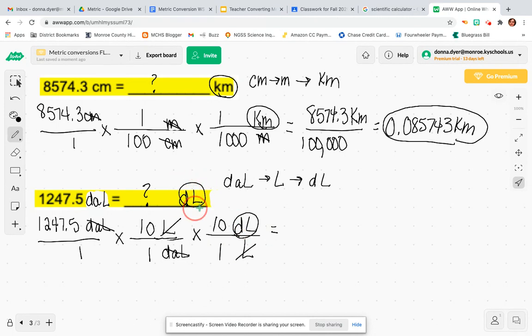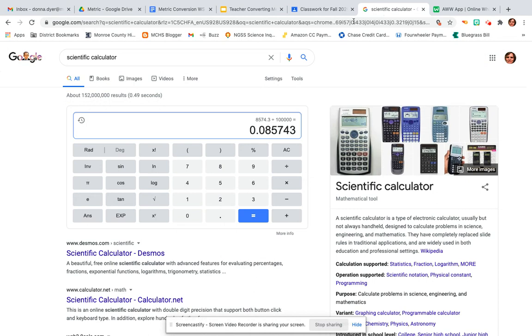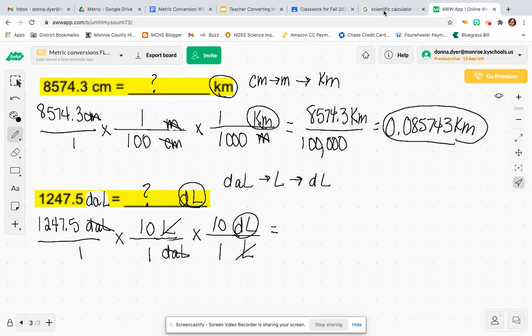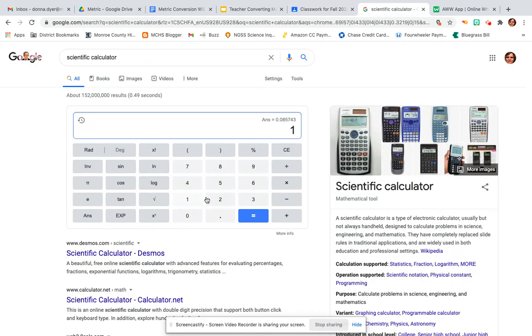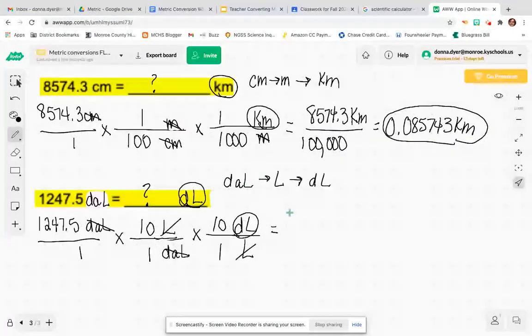So now we are ready to multiply and divide. 1,247.5 times 10 times 10. If you don't know what that is, then you want to punch it in the calculator. 1,247.5 times 10 times 10 is 124,750.